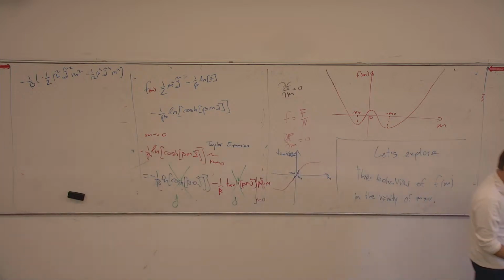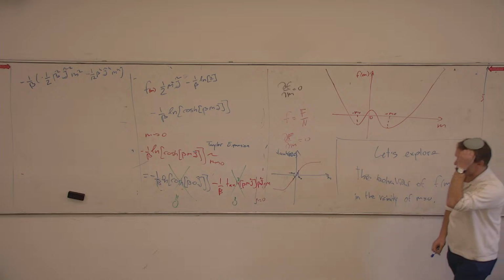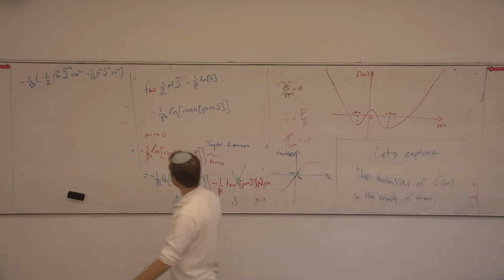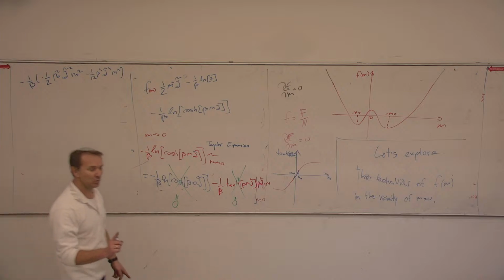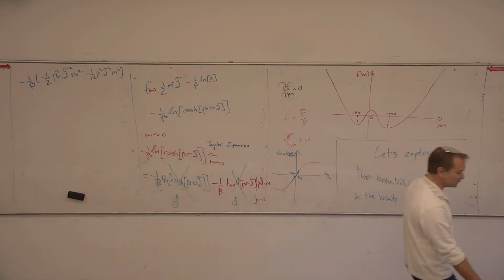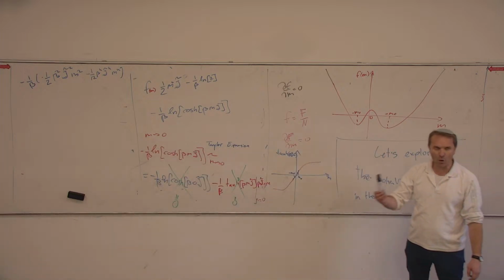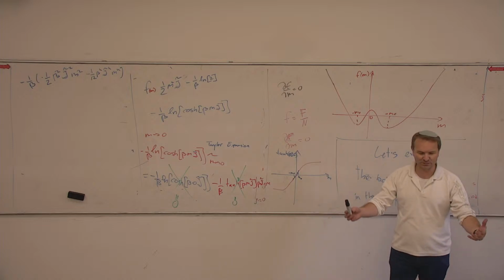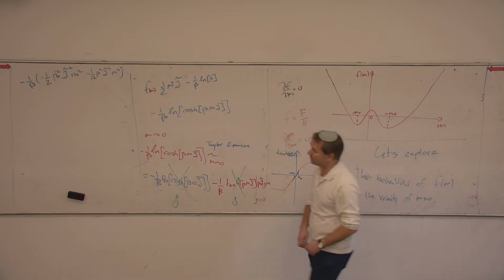Now you can ask me, Stas, why on earth you want to explore the behavior of this guy up to the 4th order? Why to the 4th order? So first of all, the first order is 0. The 0 order is 0. So I had to explore up to the 2nd order.